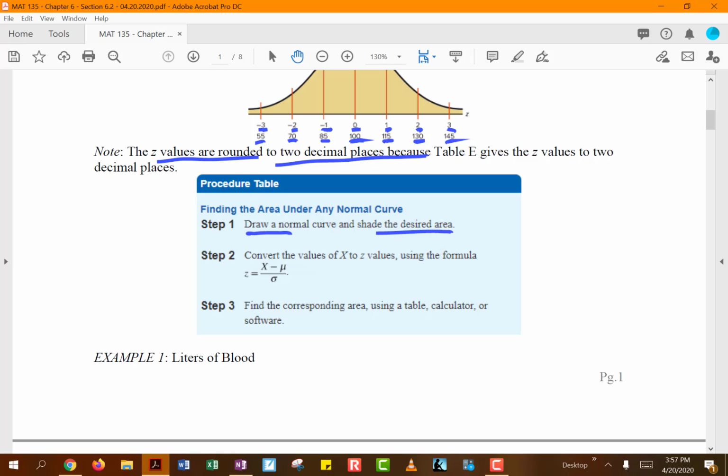The next thing would be taking our data value and converting it to your z value using this formula over here, and then basically find the corresponding area. You can use a table, you can use a calculator, or if you have a software that helps you do that. But of course, in our case, we're mainly going to be using our tables for this.